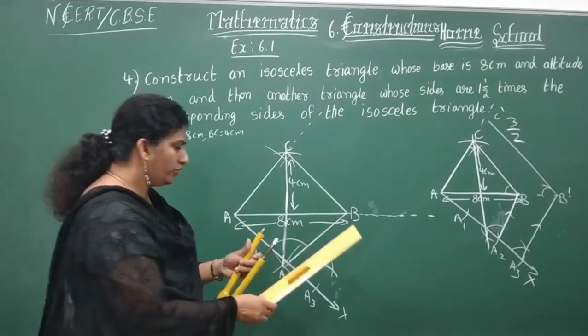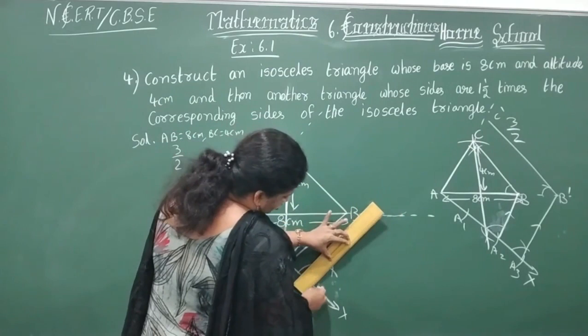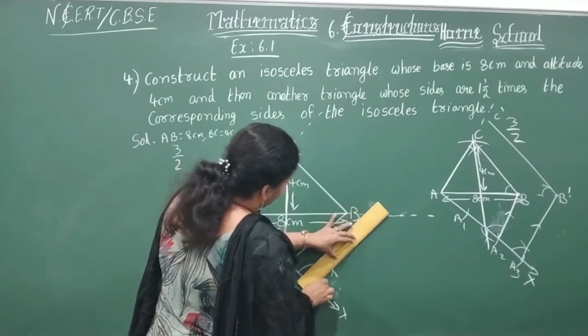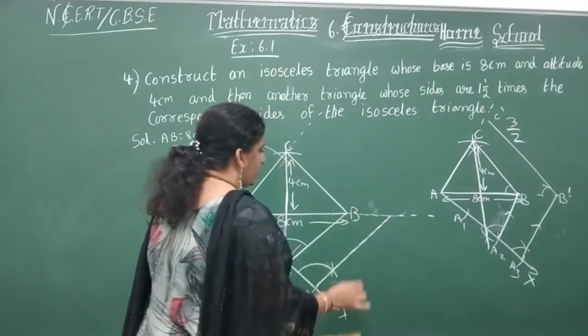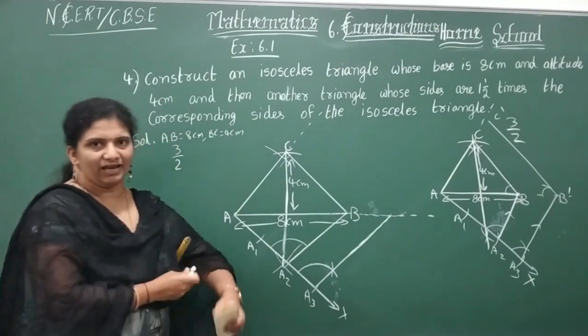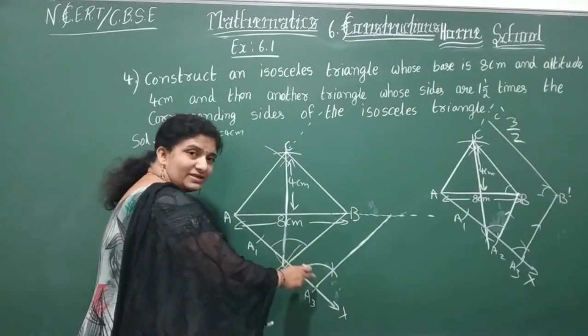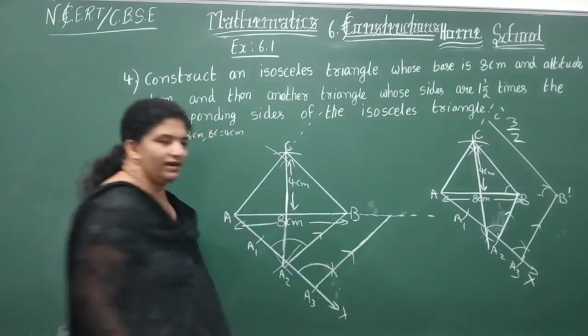Now what are you going to do? Take a scale and try to join these 2 points. Okay, when you join, these 2 lines will be parallel. When I have drawn a corresponding angle, then the lines will be parallel.